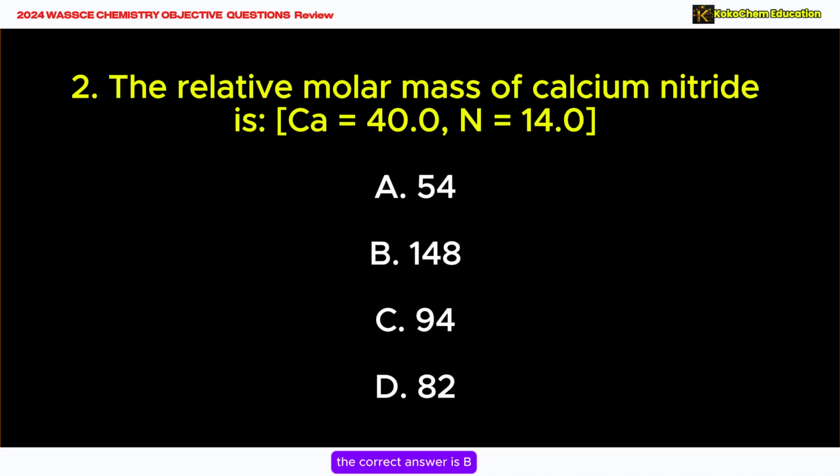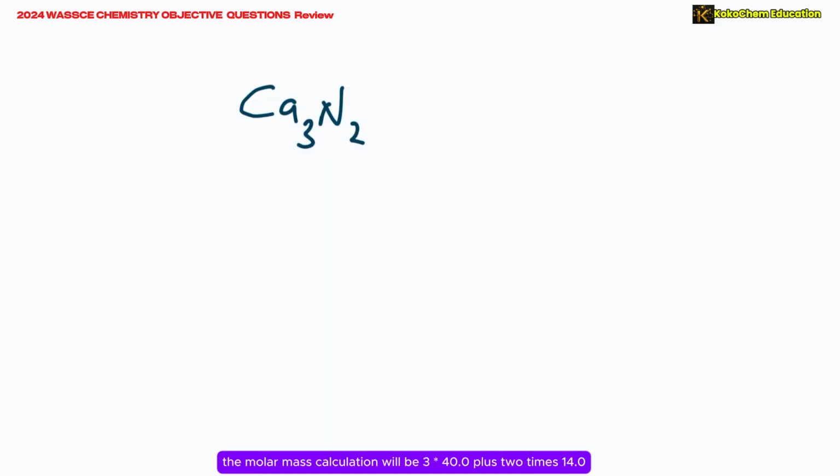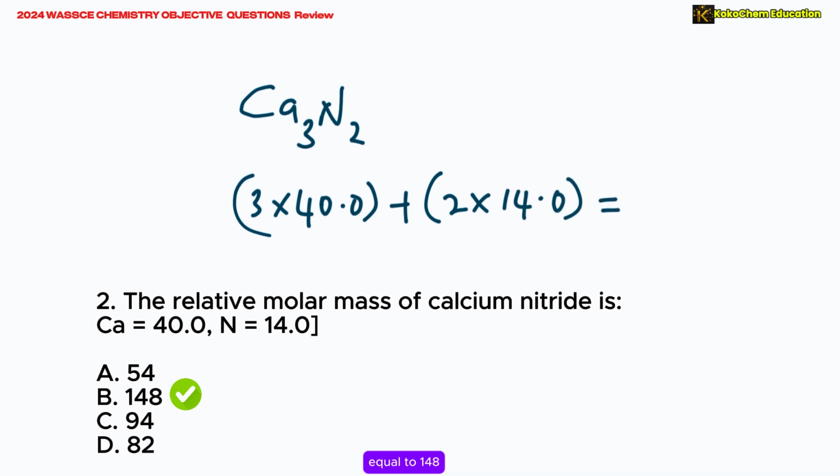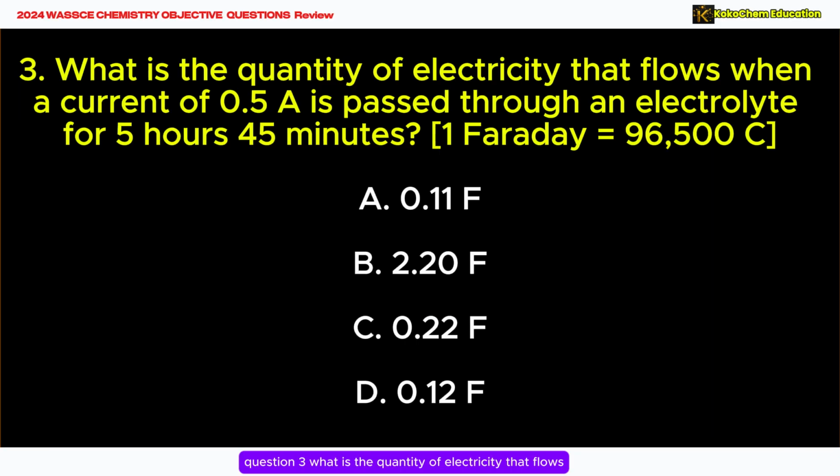The correct answer is B. Explanation. If you take calcium nitride, the molar mass calculation will be 3 times 40.0 plus 2 times 14.0 equal to 148.